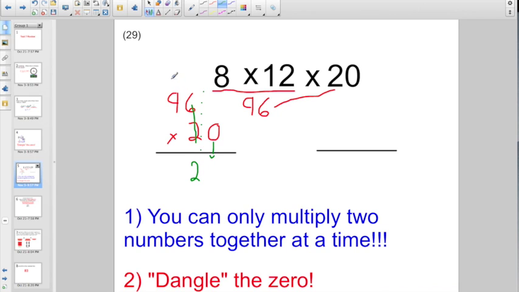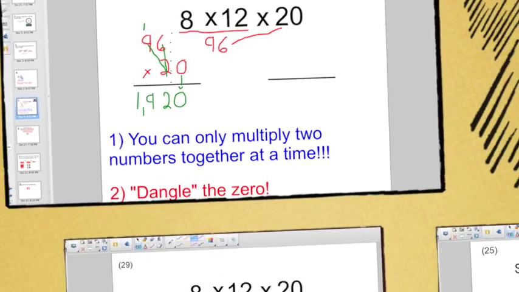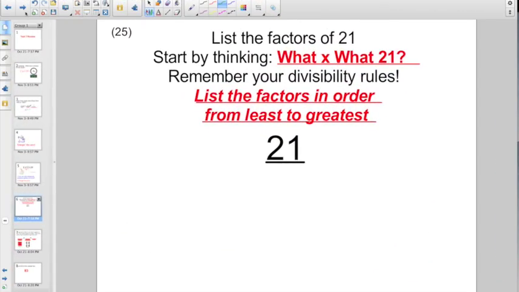I'm going to carry my 1, right? Then I'm going to go 2 times 9 is 18, plus 1 more. That makes 19. So I have 192 so far, but I have not brought my 0 down. That changes it to 1,920.